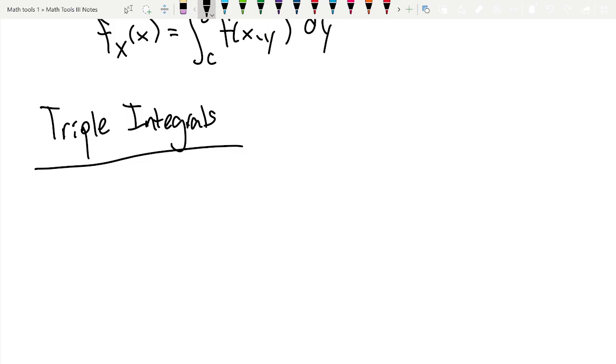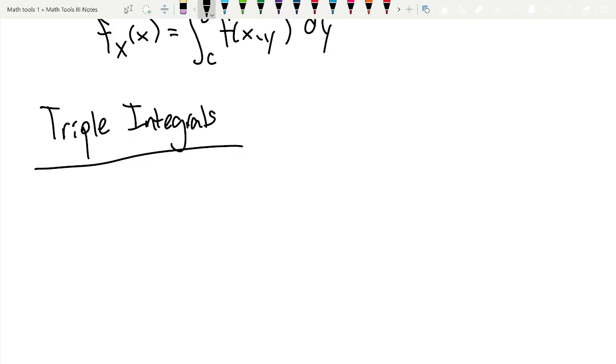The next part, which makes it maybe even more difficult, is that if we do need to change bounds, we all of a sudden have more options for how we change those bounds, because we have three integrals now. If we have x, y, and z, for example, we could change them over to z functions or to y functions. And once you have four, you have a lot of different choices for changing those bounds around.